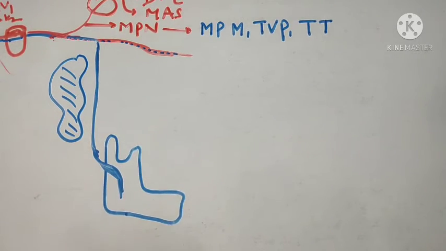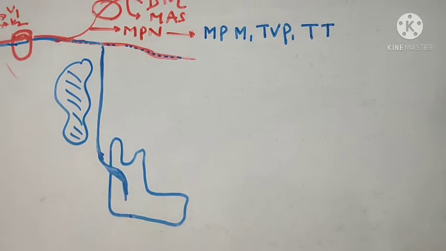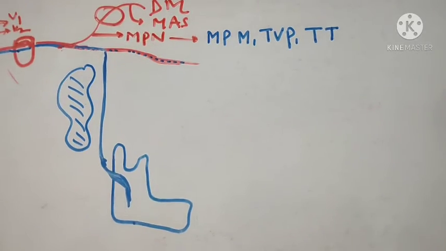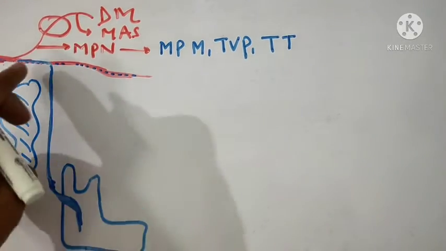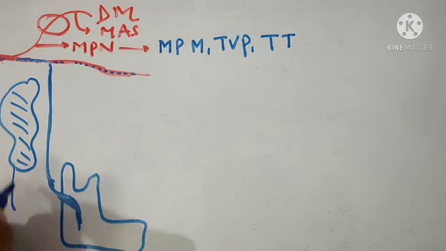It reaches the external surface of the ramus of mandible by passing through the two heads of the lateral pterygoid. These are the two heads.